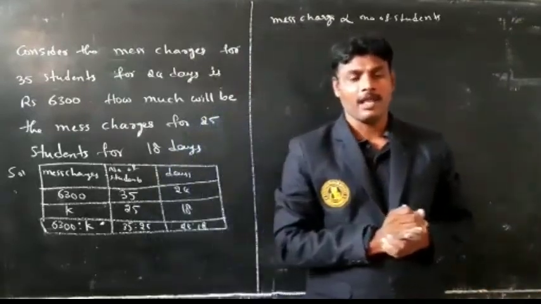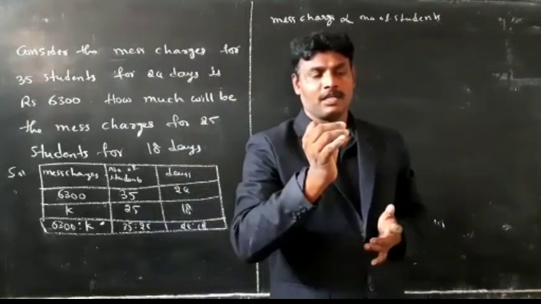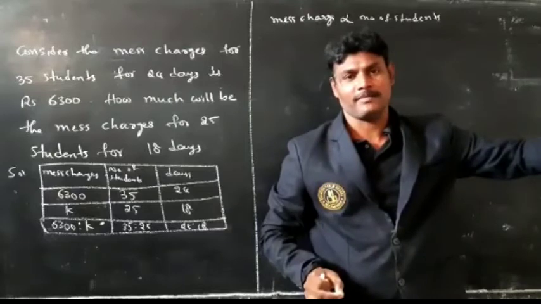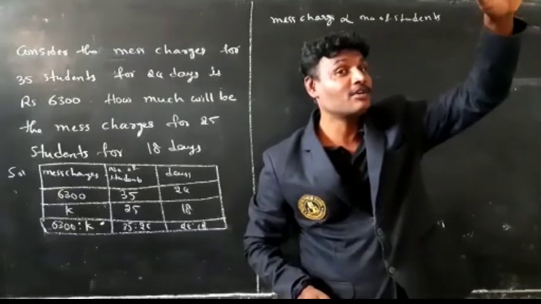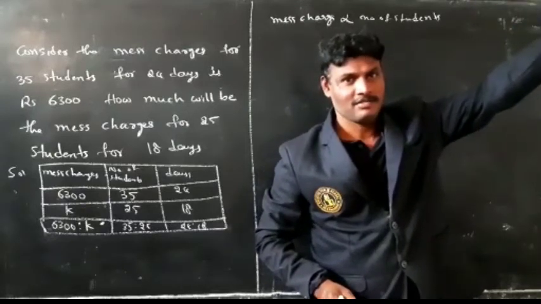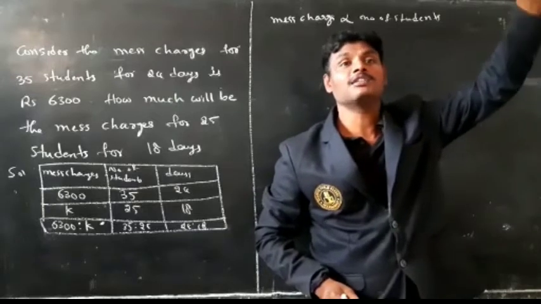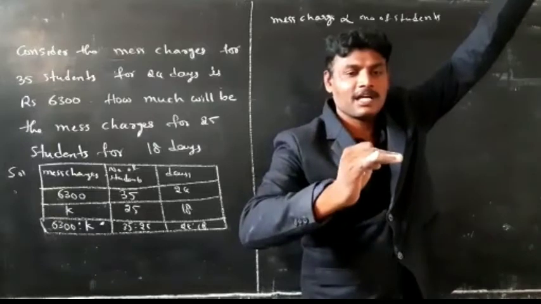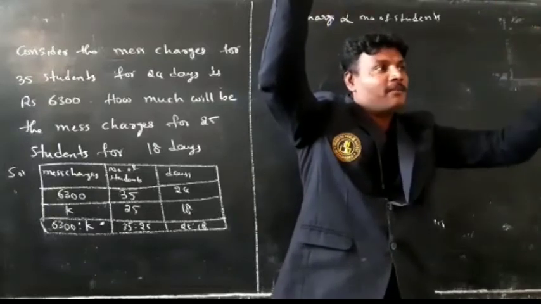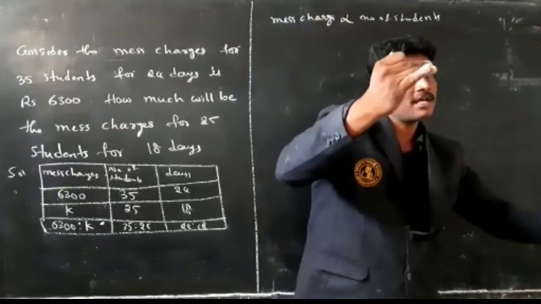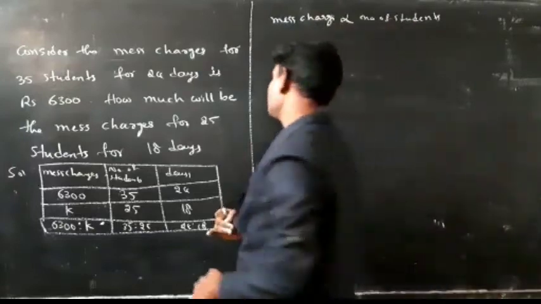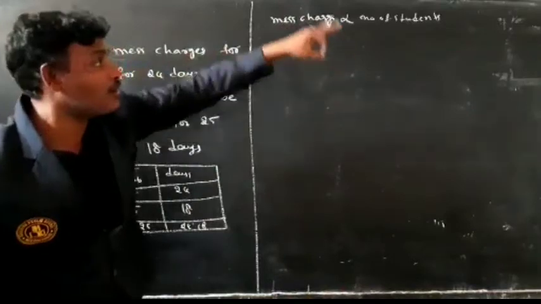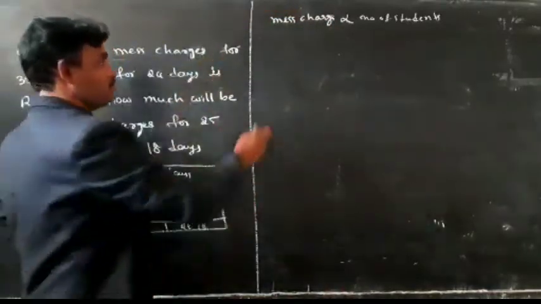For example, mess charges for 10 students are 1,000. Then what about 20 students? It is 2,000. For 30 students, 3,000. If the number of students increases, mess charges also increase. If the number of students decreases, mess charges also decrease. That's why mess charges are always directly proportional to the number of students.